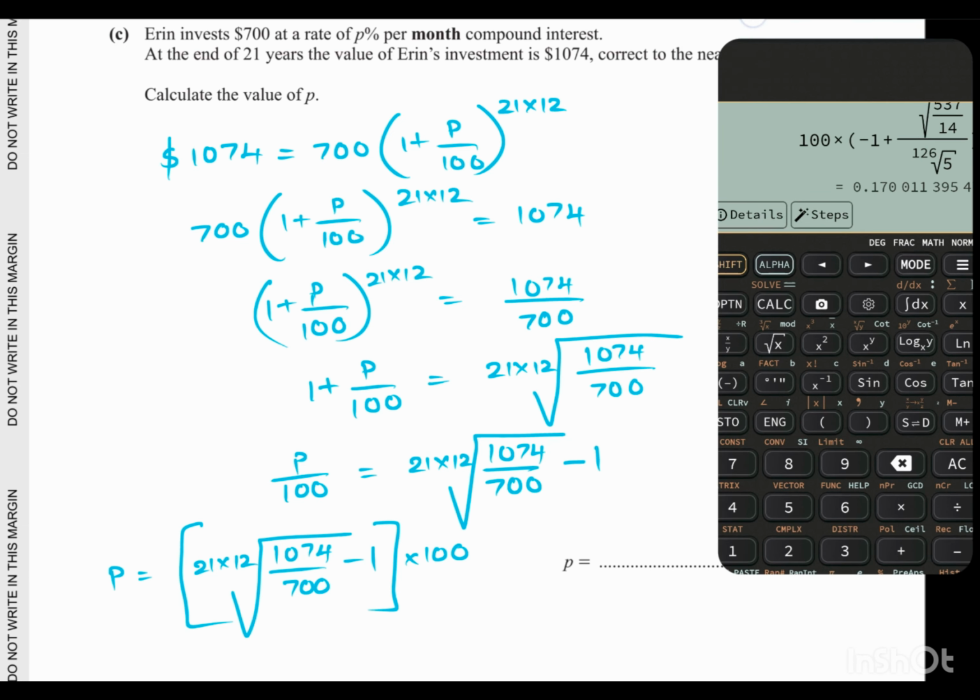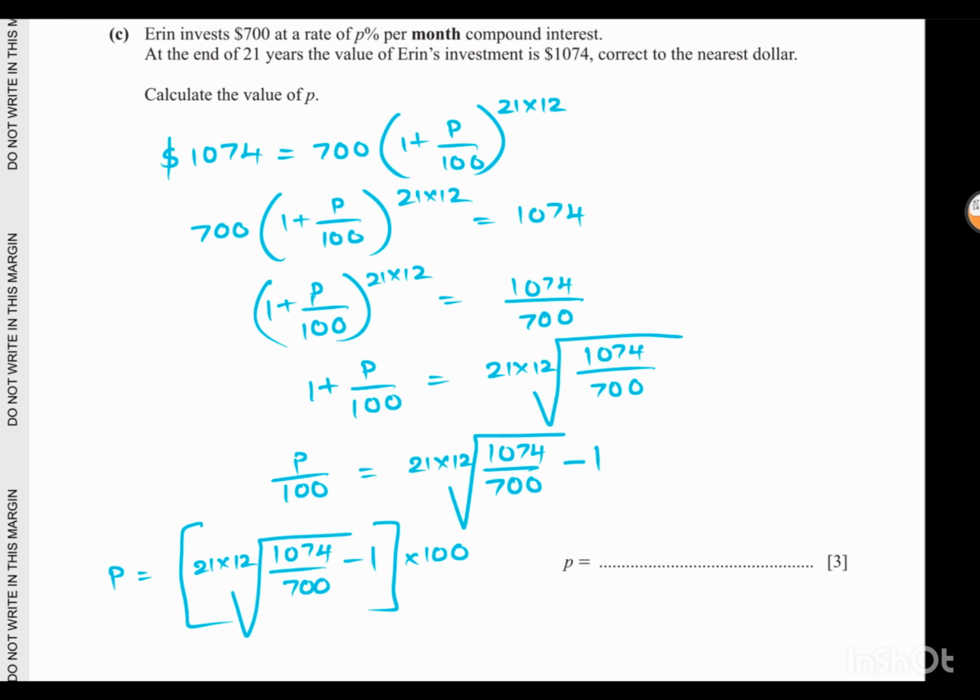It is 0.170011. So we can just round it to 0.17%. So it is 0.17. Question number 3 is completed.